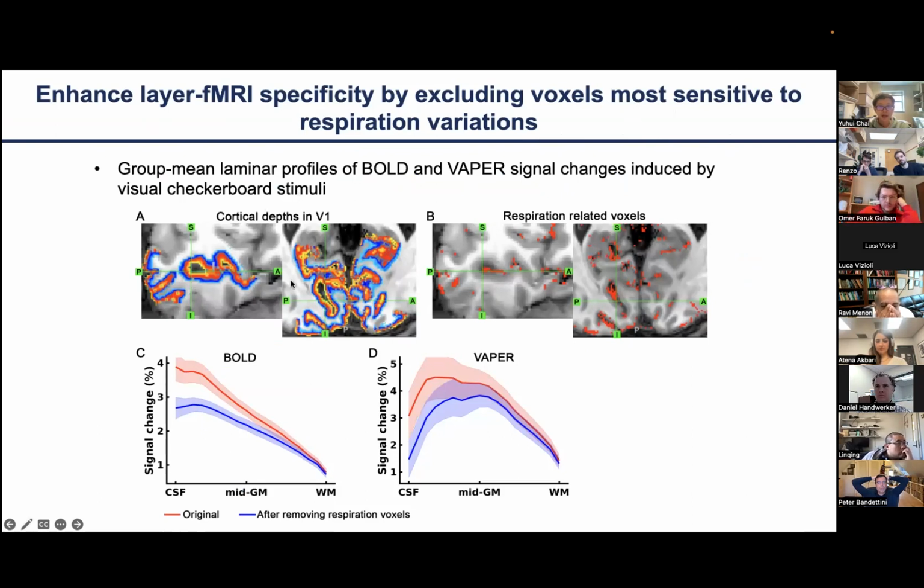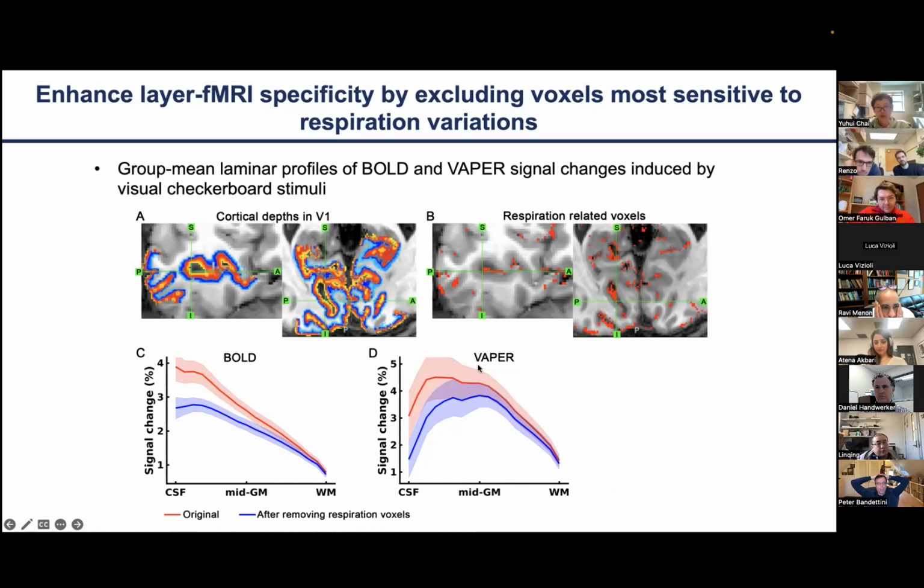Here the subject was watching visual checkerboard stimuli, and we measured both the BOLD and VASO signal change across different cortical depths. The cortical depths and ROI are automatically generated based on the MP2RAGE, with no manual segmentation.